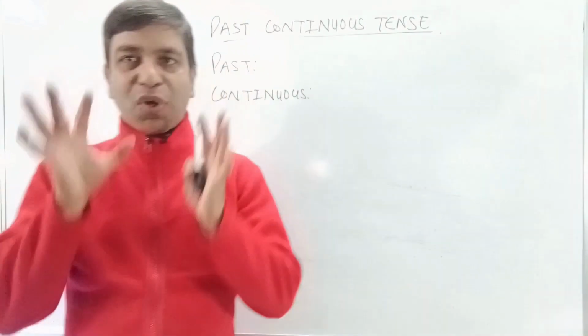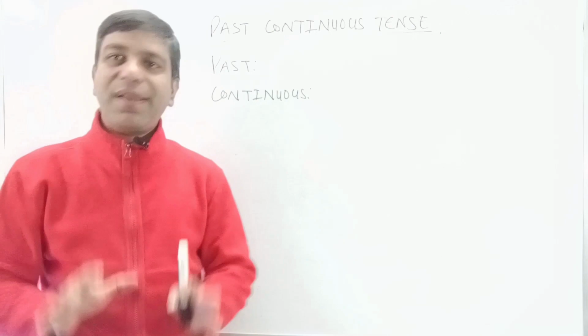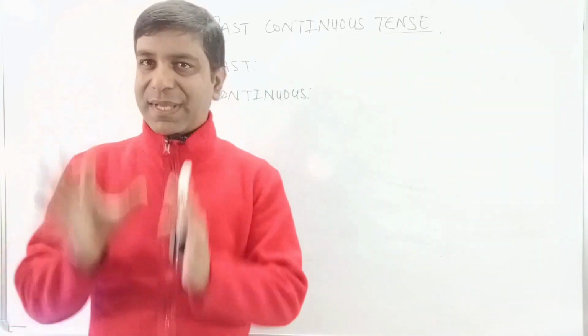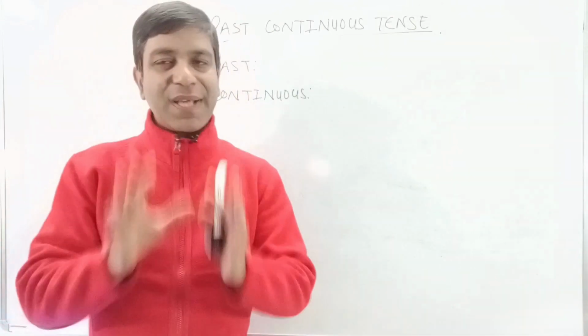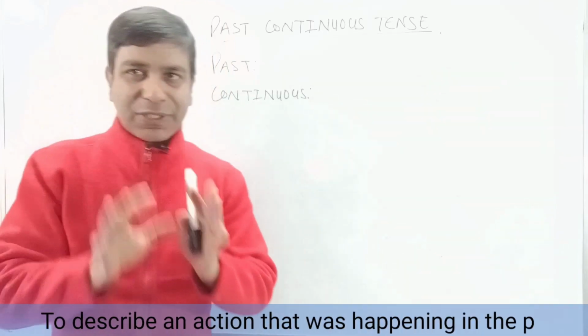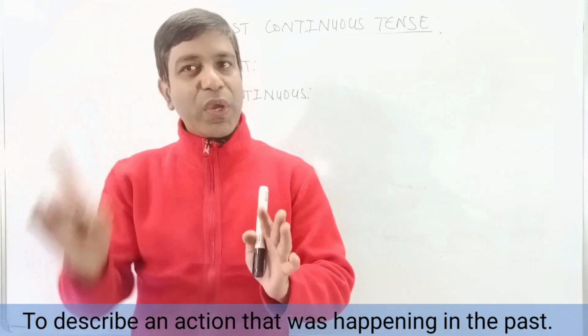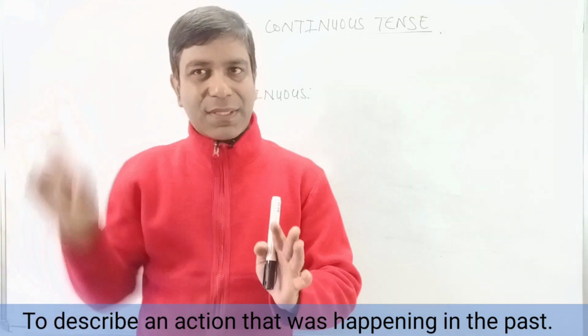Now let's talk about what past continuous tense is and when and how past continuous tense is used. Past continuous tense is used to describe an action that was happening in the past, that was going on in the past time.